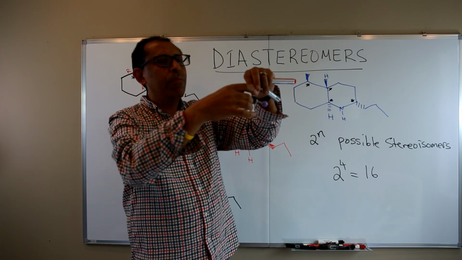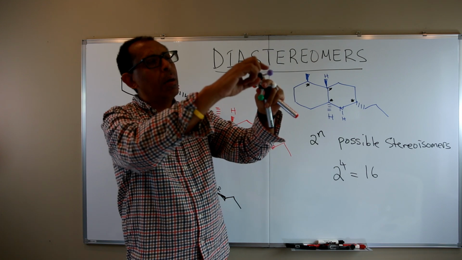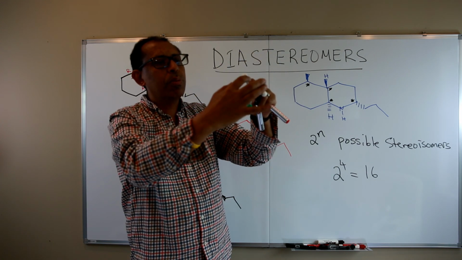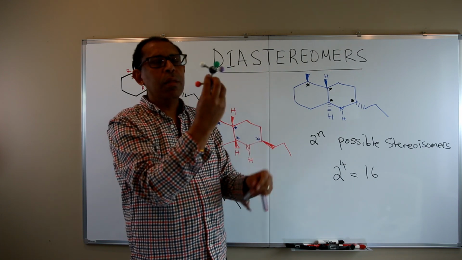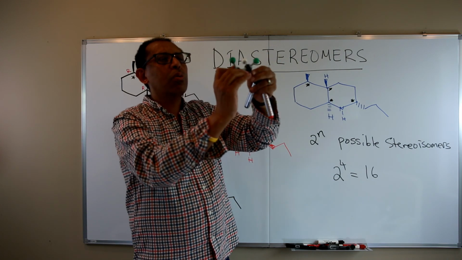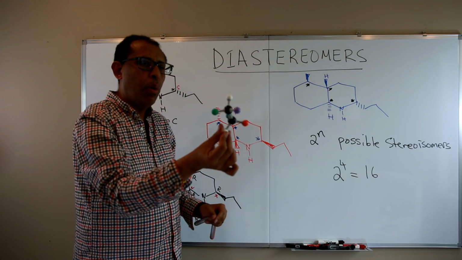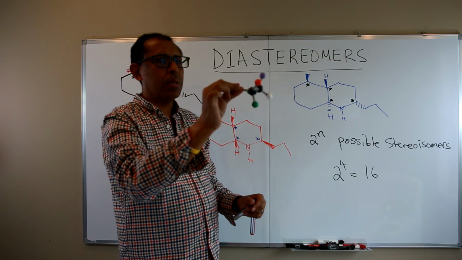On this carbon, you have the green, purple, and the white. These are 3 different groups, and the fourth would be this whole thing. So this has 4 different groups. Both qualify as chiral centers. In this model, both carbons qualify as chiral centers.